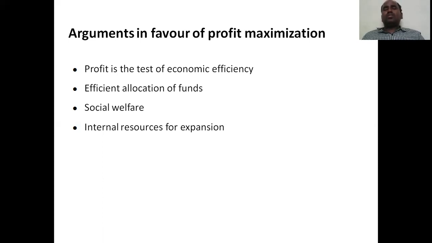So when the company is in a position of profit maximization, the next argument in favor of profit maximization is internal resource for expansion. When the company has its own funds, it can extend its resources internally.